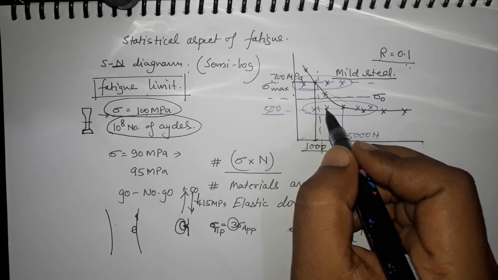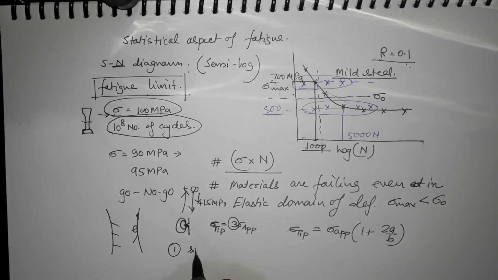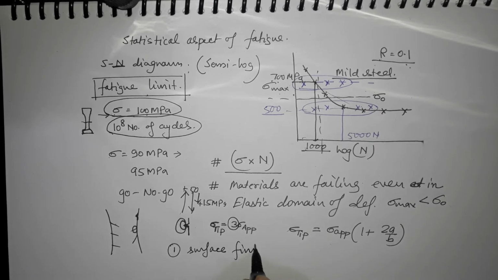Okay, so the reason is you cannot be sure how many scratches are there. So when you make two samples, the surface finish of those two samples will be different. Okay, that is one case. Surface finish of two samples cannot be the same. Then another reason is that you can have different inhomogeneity.